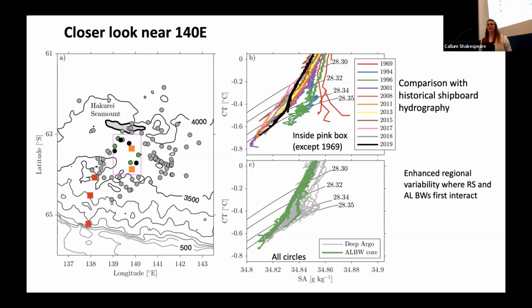So the coldest and freshest waters there that they think come off the sill and flow through that little bathymetric saddle there.